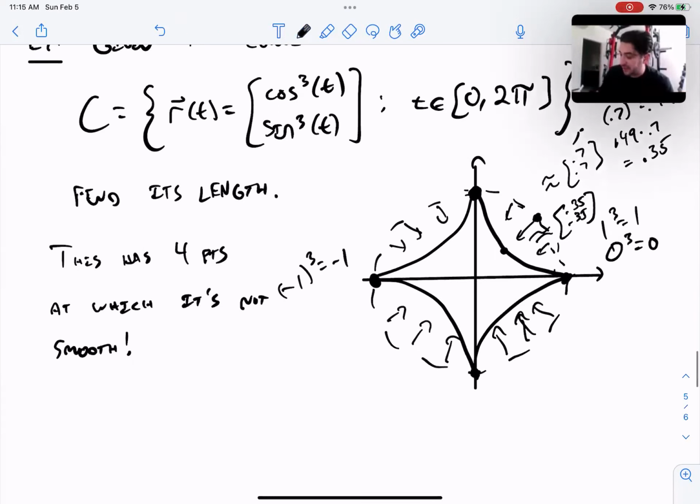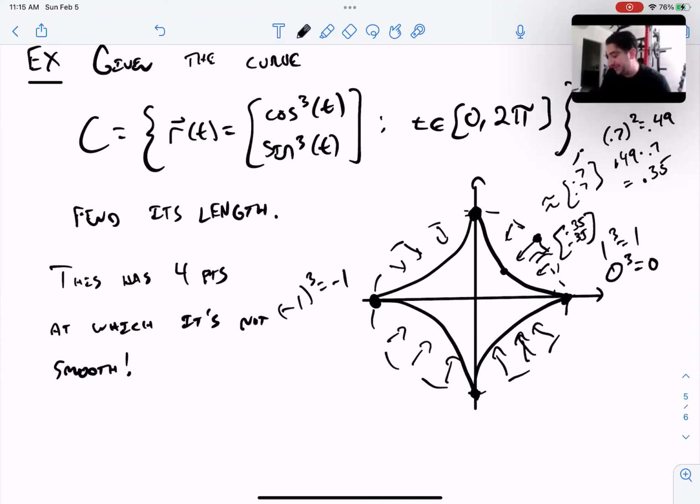And typically you don't want to do anything involving derivatives or integrals when things aren't differentiable or integrable. That's not to say it can't work out sometimes by chance, but the best strategy here, because of these points where it's not smooth, is to find its length in the first quadrant, and then multiply it by 4, to avoid those ugly points.